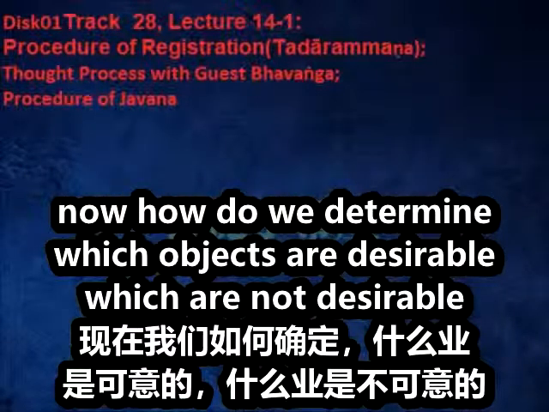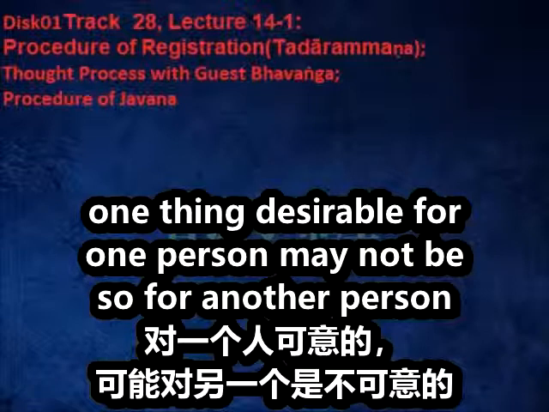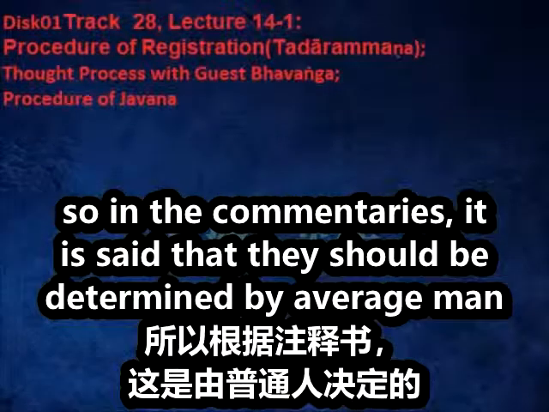Now, how do we determine which objects are desirable, which are not desirable? One thing desirable for one person may not be so for another person. So in the commentaries, it is said that they should be determined by the average man.